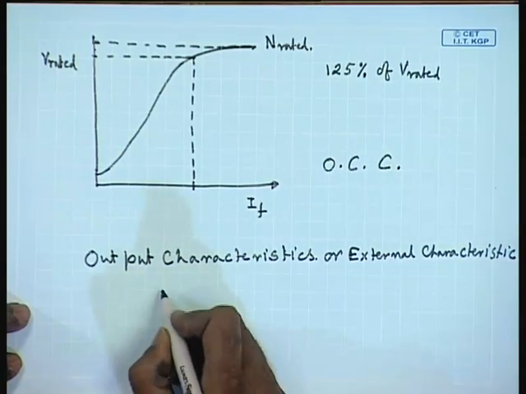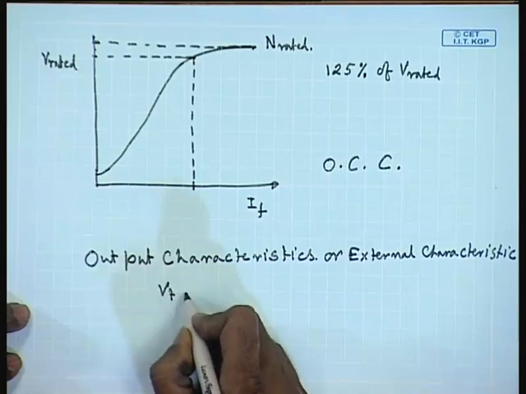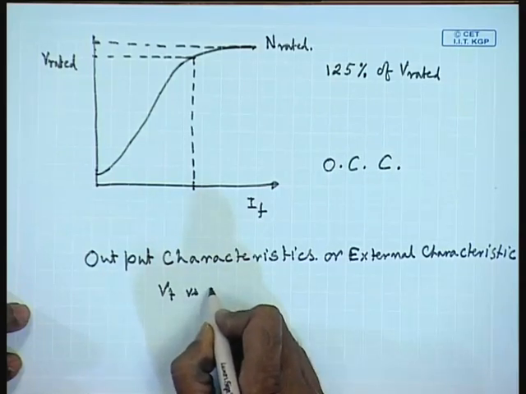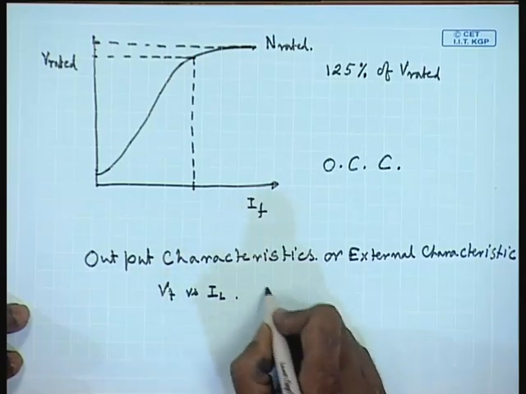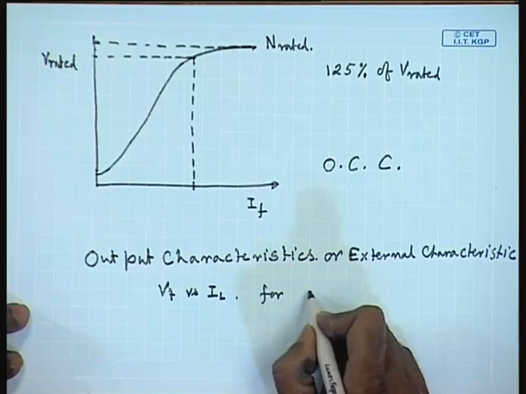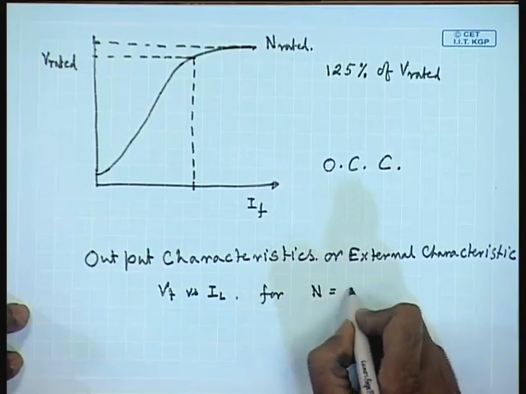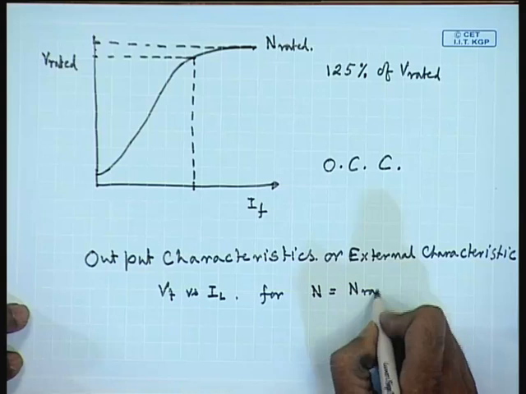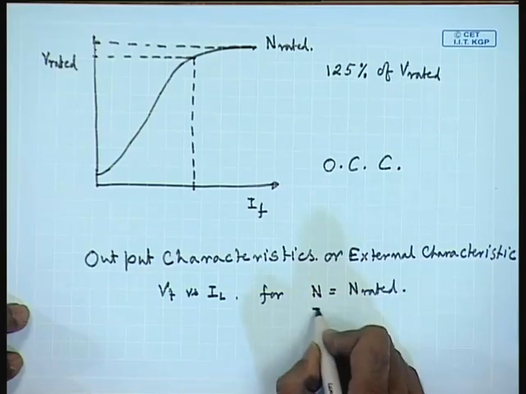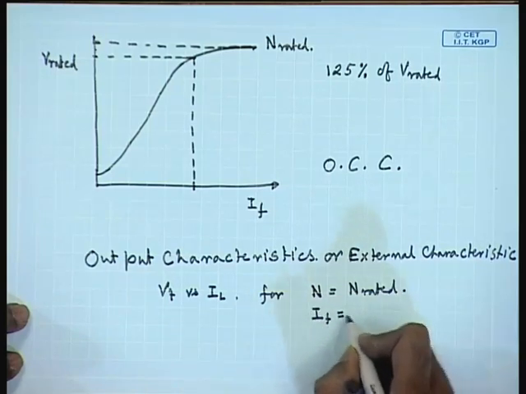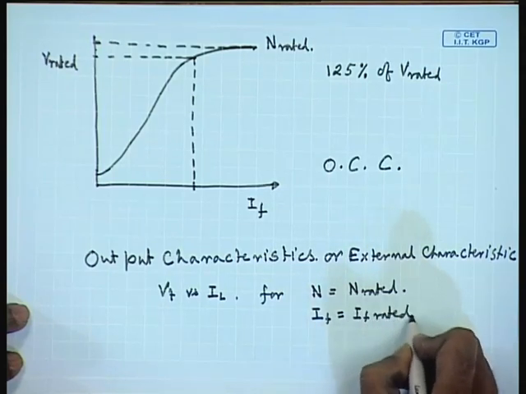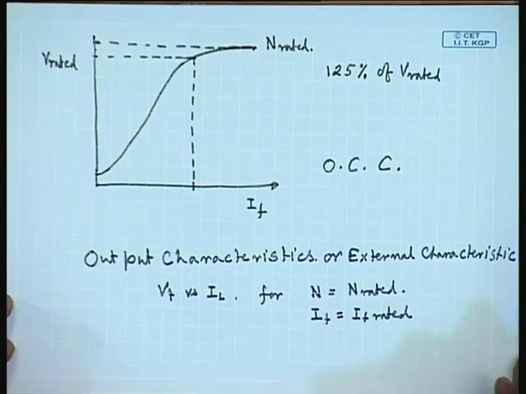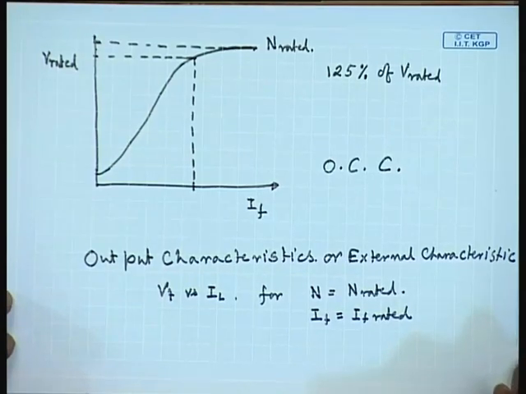This is a plot of the terminal voltage Vt versus the load current IL, which is the same as IA in this case, for constant speed n equal to n rated and If equal to If rated, where If rated is the field current required to produce rated voltage at no load.